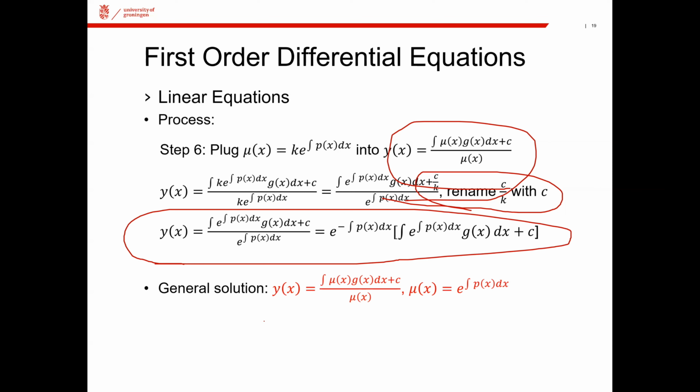Well, it is easier to remember if you write it this way: y equals the integration of mu times g plus c, divided by mu, and mu is e to the power of the integration of p.